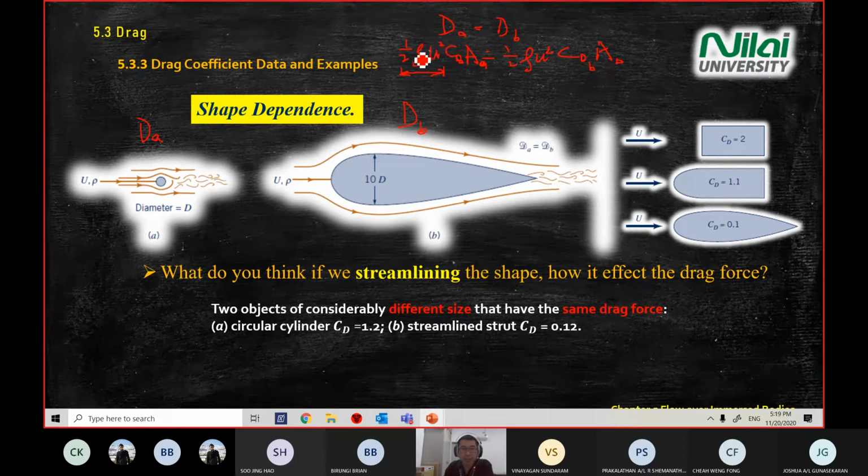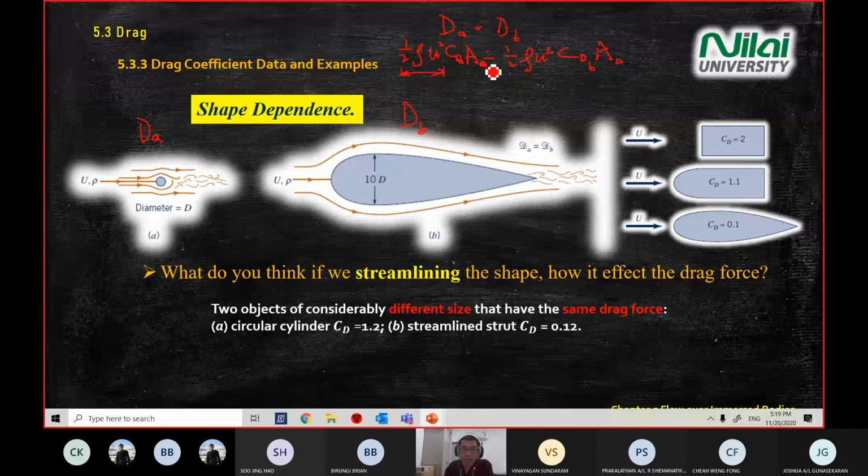These are the dynamic pressure, both in the same medium, which means the same air or water. So rho will be the same. What you can play with is the CD and the area that the upstream velocity contacts.